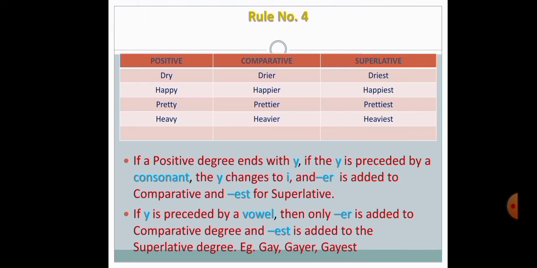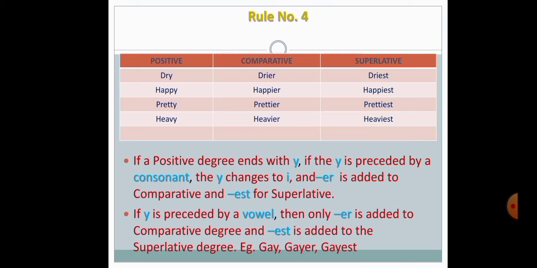So if a positive degree ends with y, and the y is preceded by a consonant, the y changes to I and er is added for comparative and est for superlative. But if y is preceded by a vowel, then only er is added to the comparative and est to the superlative. Don't take off that y and insert I there. Just add er and est to make comparative and superlative.